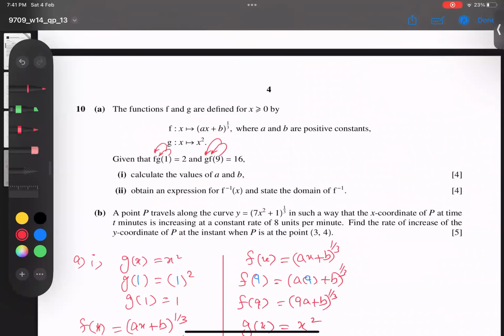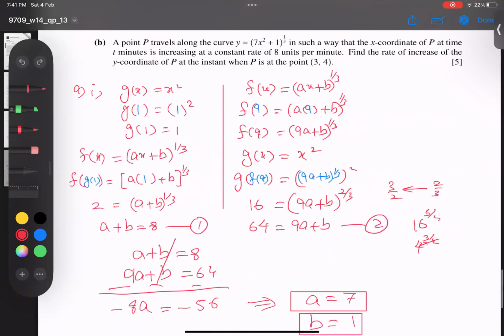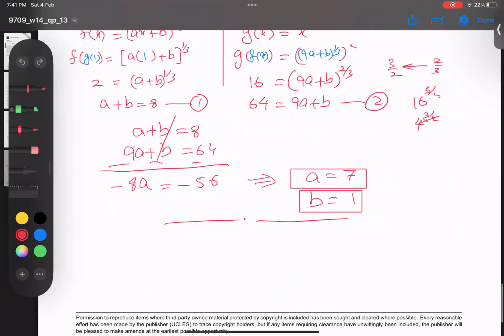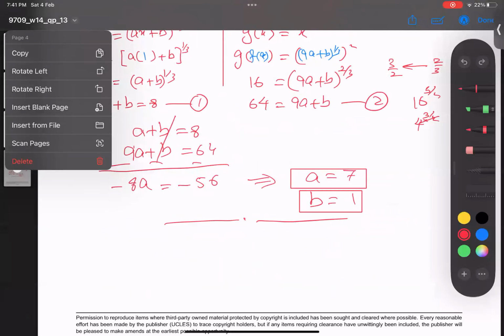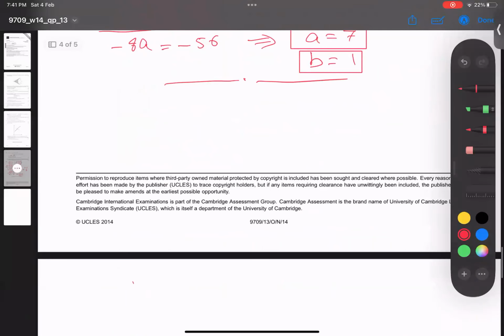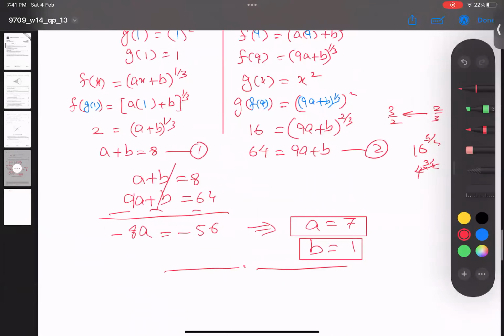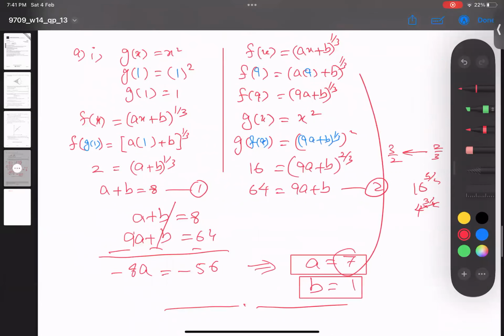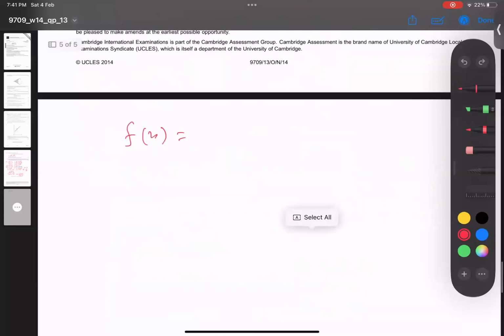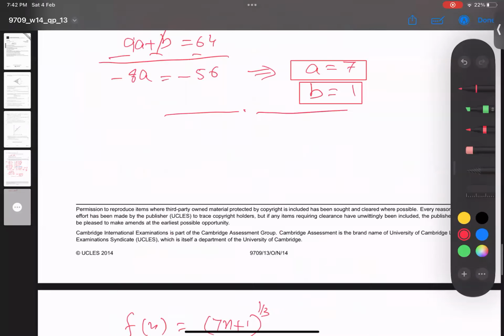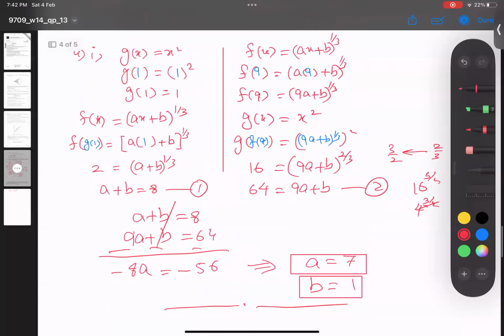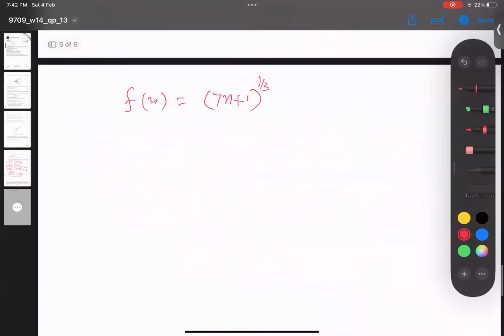Next part: express f inverse of x. So first of all, let's find the inverse of f. F of x, what we have? I'll use this A = 7, B = 1. So f of x is (7x + 1) to power 1 over 3. We need to find the inverse.